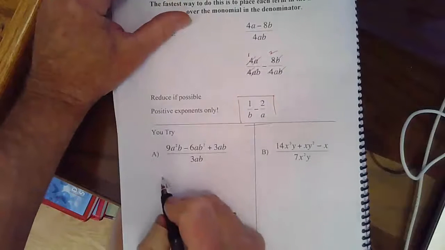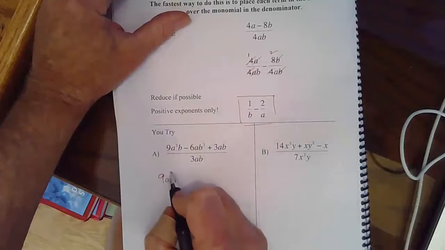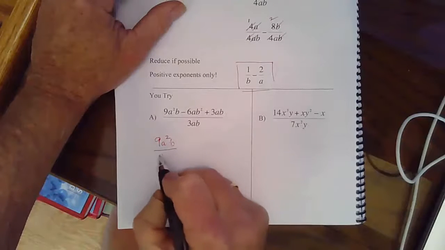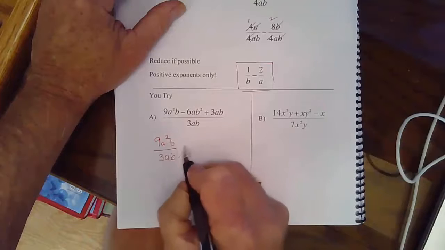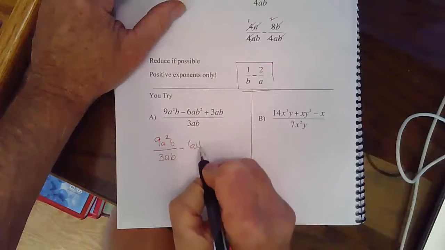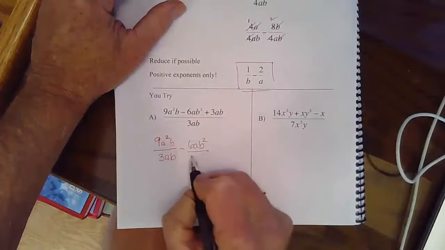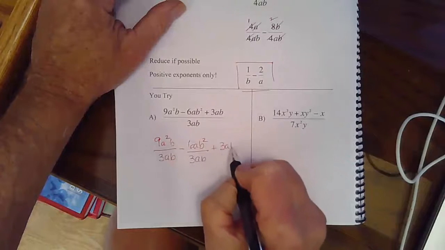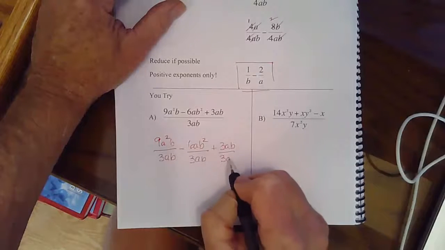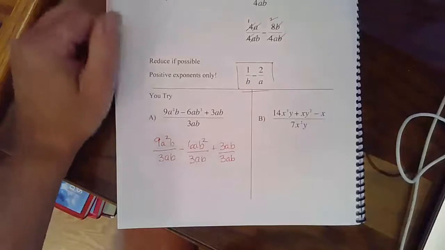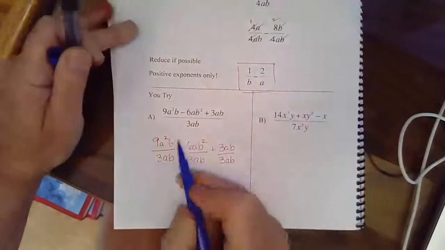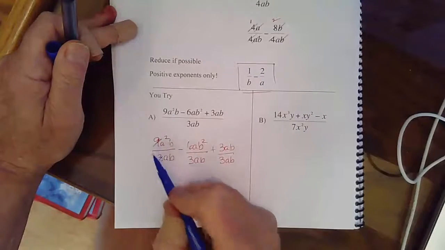Similarly, we're going to take 9a squared b, and then that's over the 3ab. Subtract 6ab squared, again over 3ab, and plus 3ab over the 3ab. Well, that's going to be 1 here in a moment, that piece right there. So we're going to take 3 into 9, that's 3.